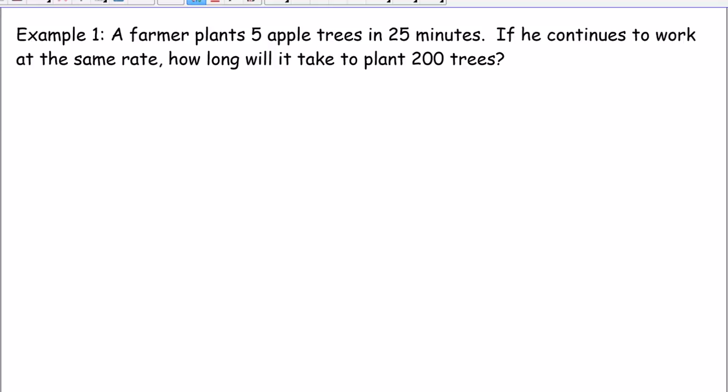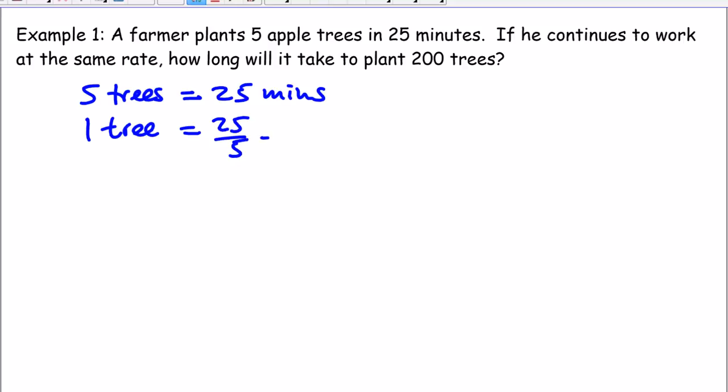So we can say 5 trees are planted in 25 minutes, which means that one tree will take less time, because 5 trees take 25 minutes. One tree will be 25 divided by 5, which will be 5 minutes. Makes sense?